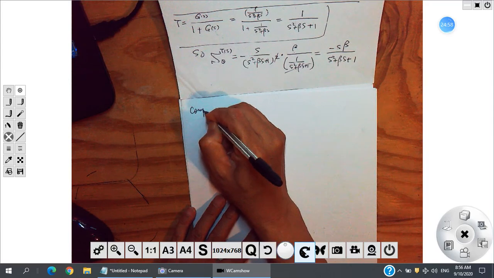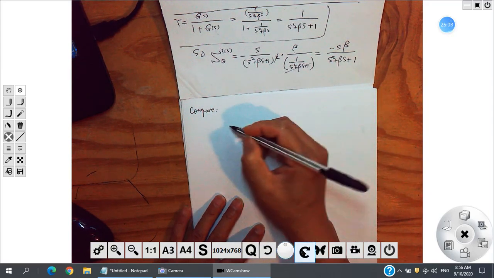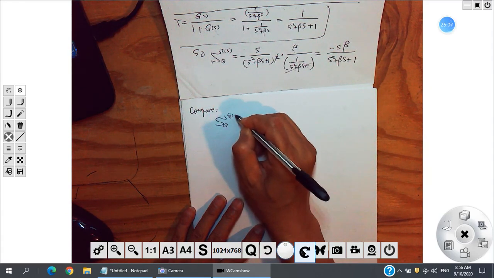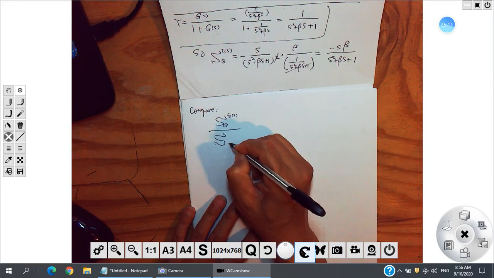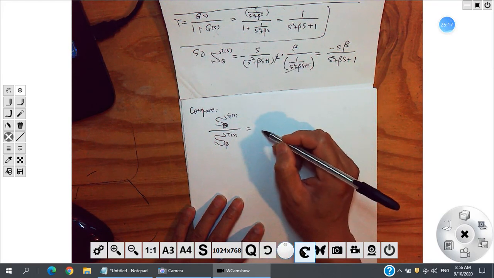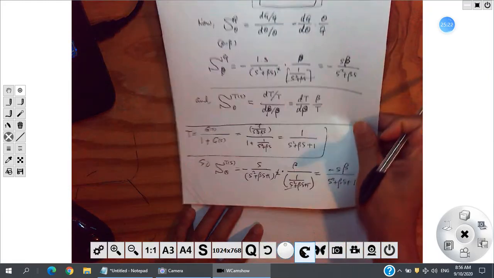We can just take the sensitivity of G over the sensitivity of T. G is here.